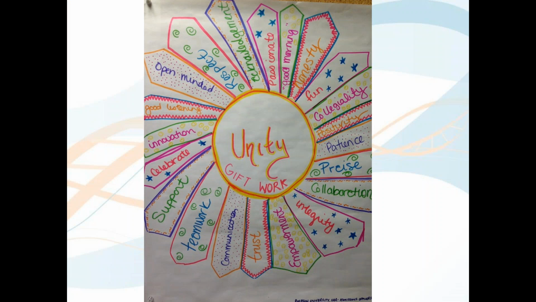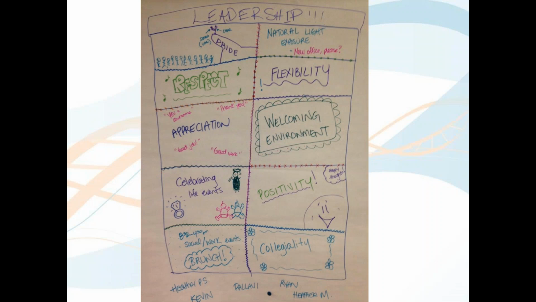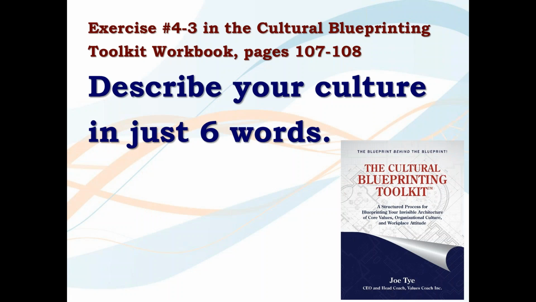This was another, and their key theme here was unity, and then around the outside, the things that contribute to that. And then another one. As they went through these, they had each group put theirs up on the wall, and through an iterative process, they did a great job of defining what they want their culture to be.